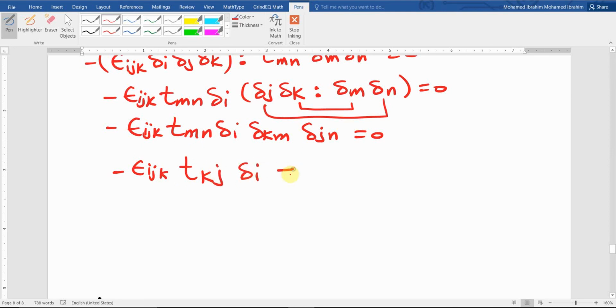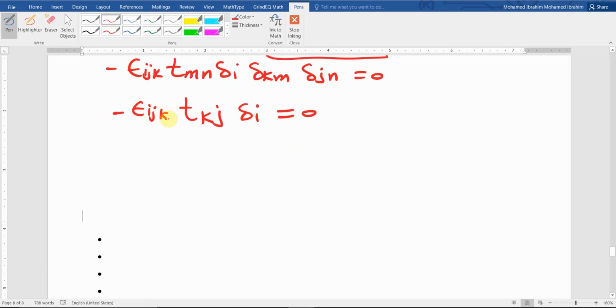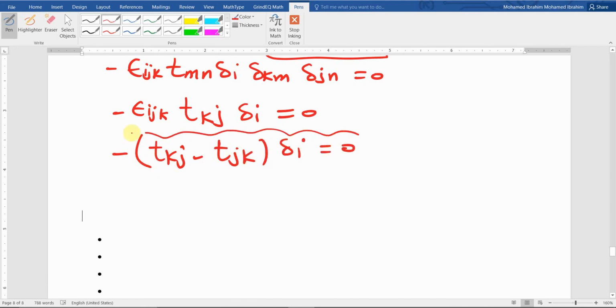Delta_i equals 0. So what is this term here? To get rid of the epsilon, this is gonna give us a vector at the end, since we just end up with delta_i. This means that we just have one vector, right? So to get rid of the epsilon, we write negative T_kj minus T_jk, delta_i equals 0, right?